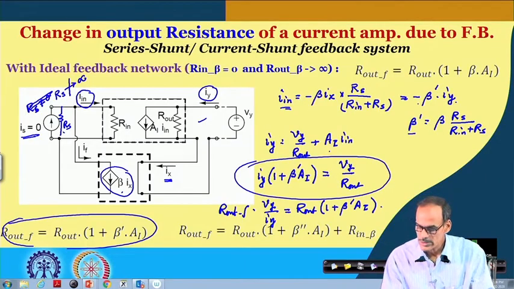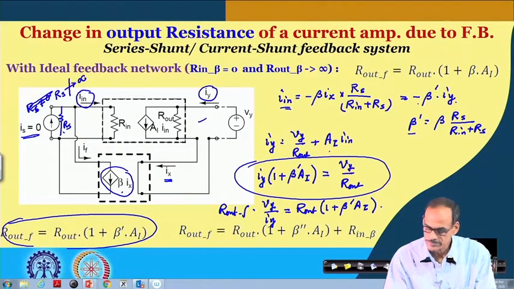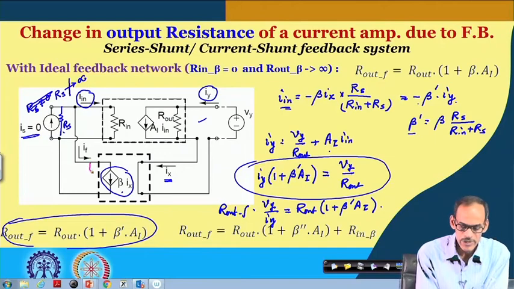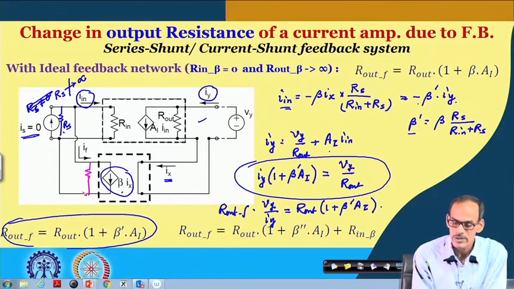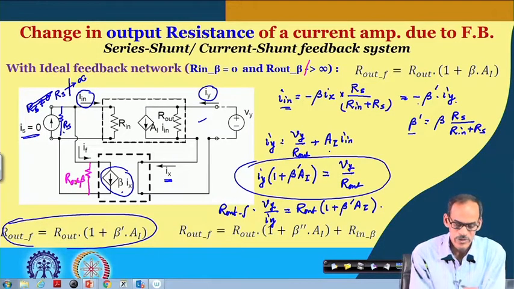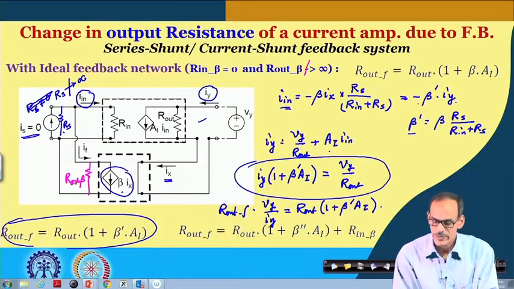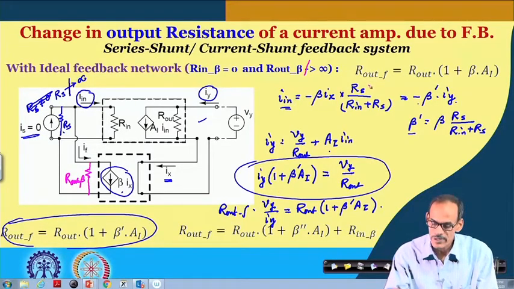So, likewise, if we consider finite conductance here as well, namely R out of feedback network beta, then the derivation will be very similar, except this R s comes in parallel with R out beta.